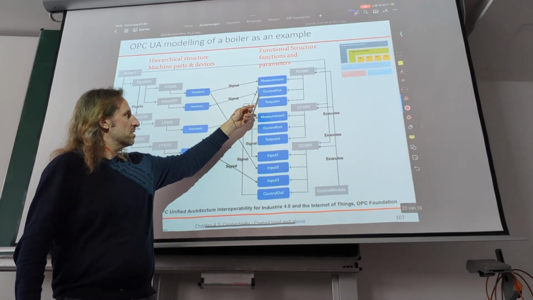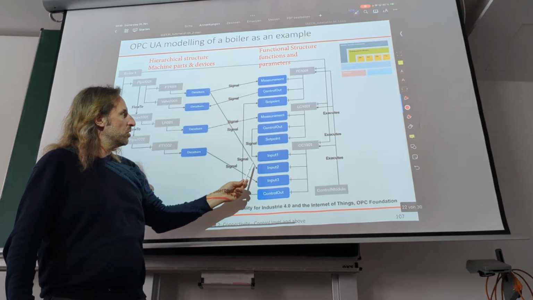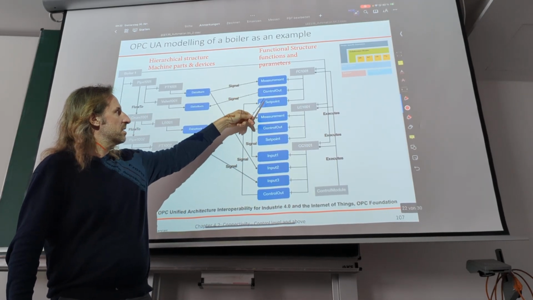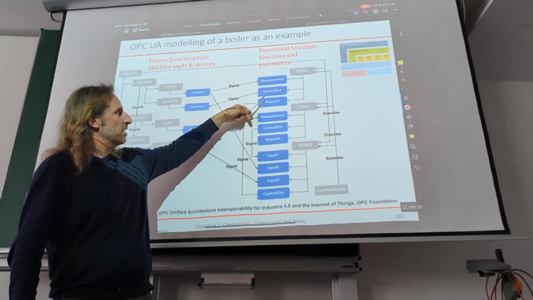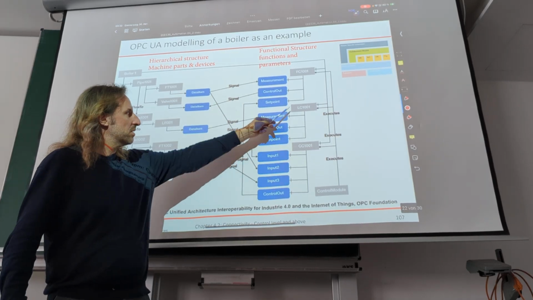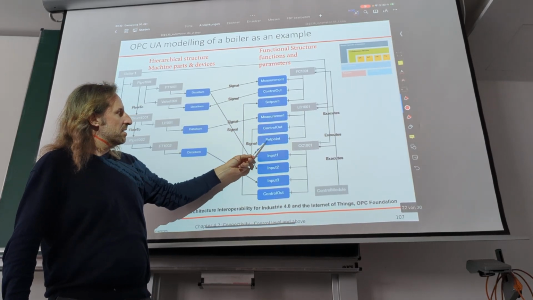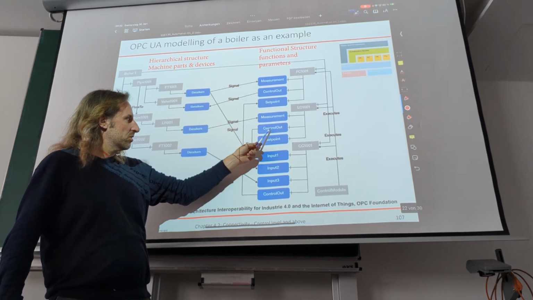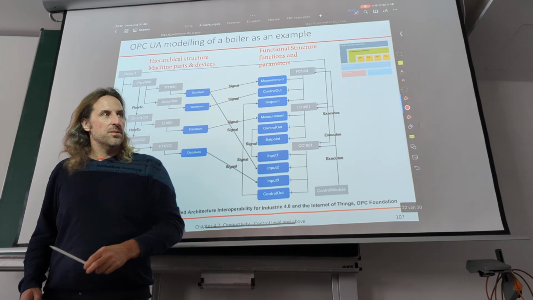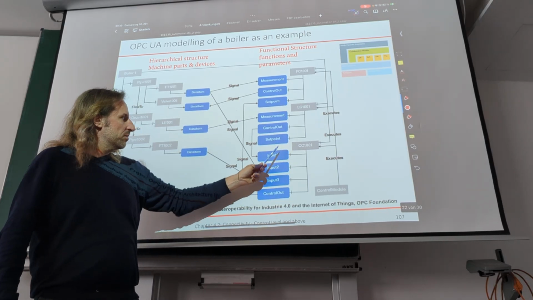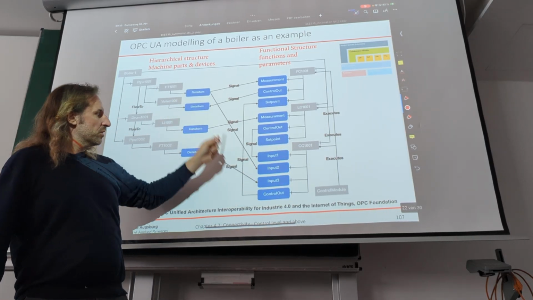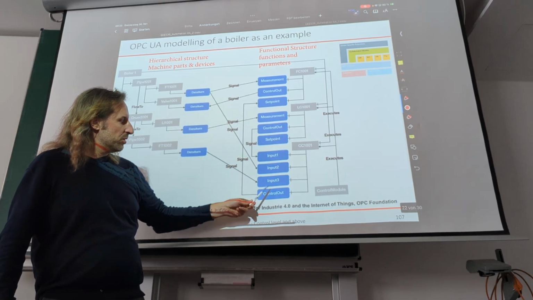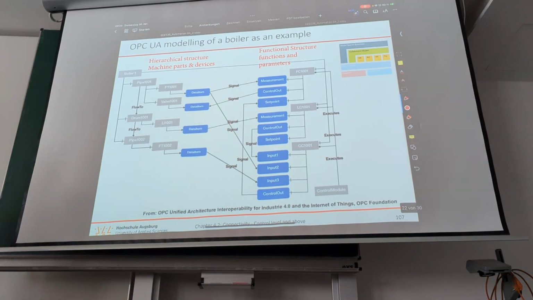Here you have the functional model: a control unit usually has a set point and it measures something and it has a control output, and you see here the same again. It has a set point and measures something, and depending on the set point controls the output. And then you have the overall controller of the whole boiler, and that has certain inputs and outputs.